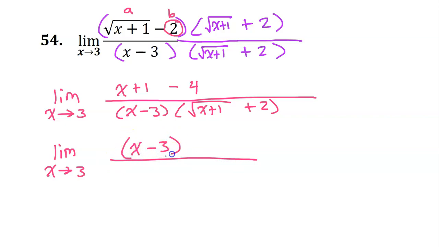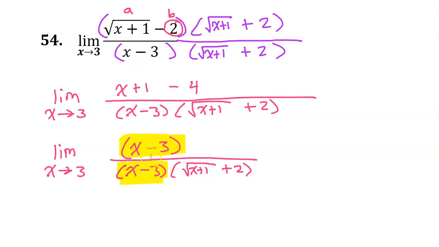All right, does that look familiar? Because in the denominator, we also have x minus 3. And then the rest of it, square root of x plus 1 plus 2. But of course, this is the key right here, the fact that we have an x minus 3 in the numerator and denominator.